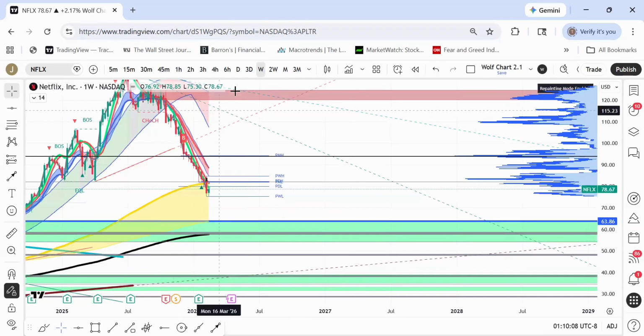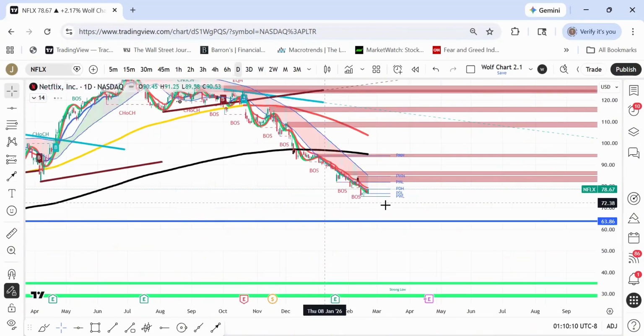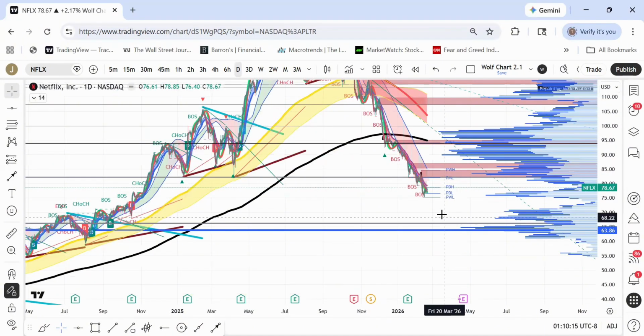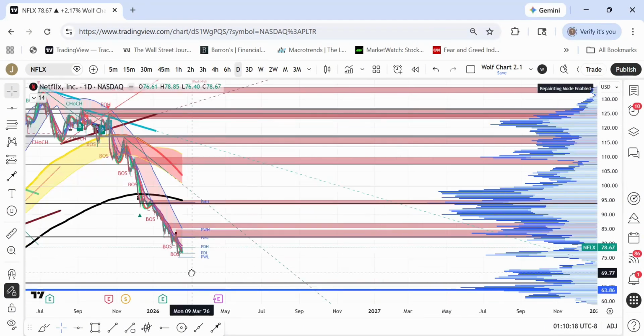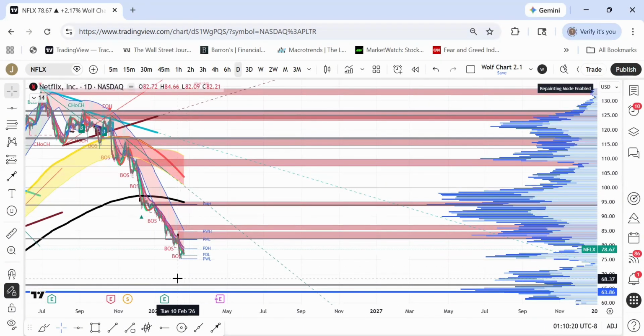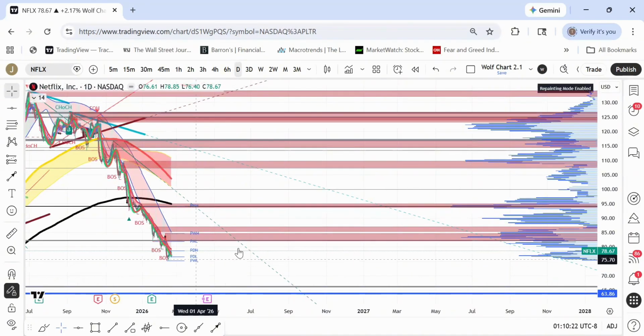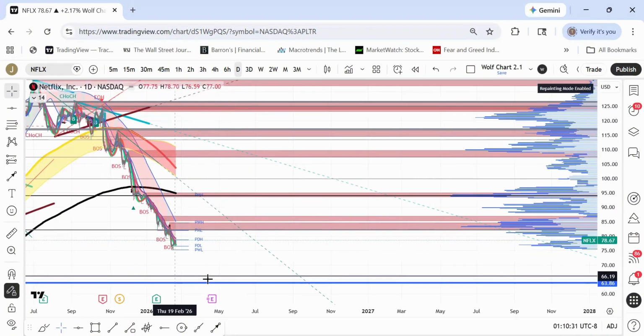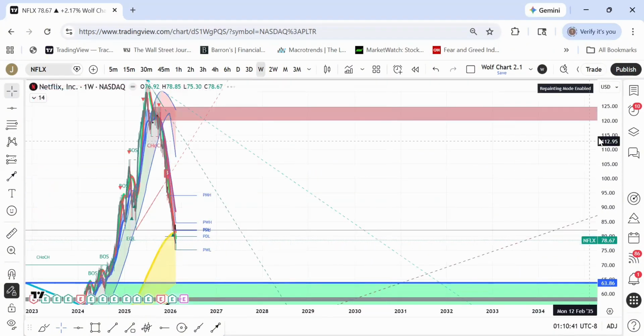That's an internal order block on the weekly. Now let's see what that looks like on the daily. That's coming past this historical support right here, only by $3. So not really that off. So if we pass this, we can dip right into this internal order block on the weekly time frame.